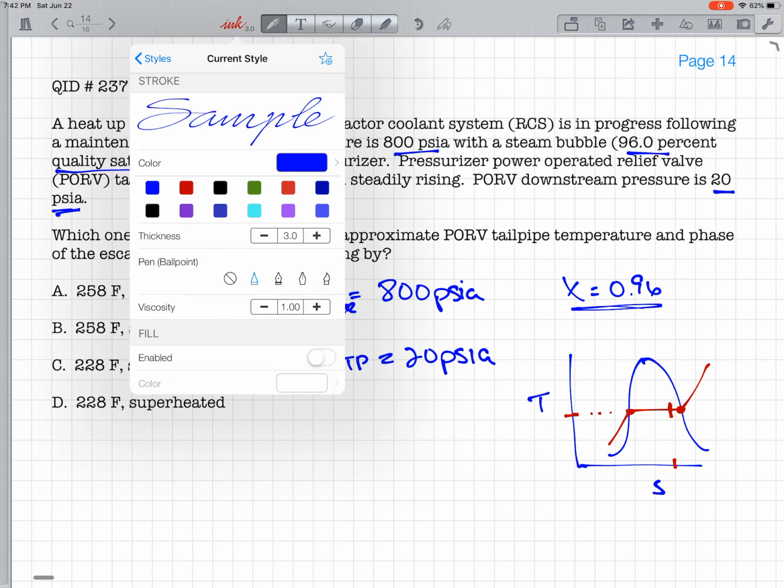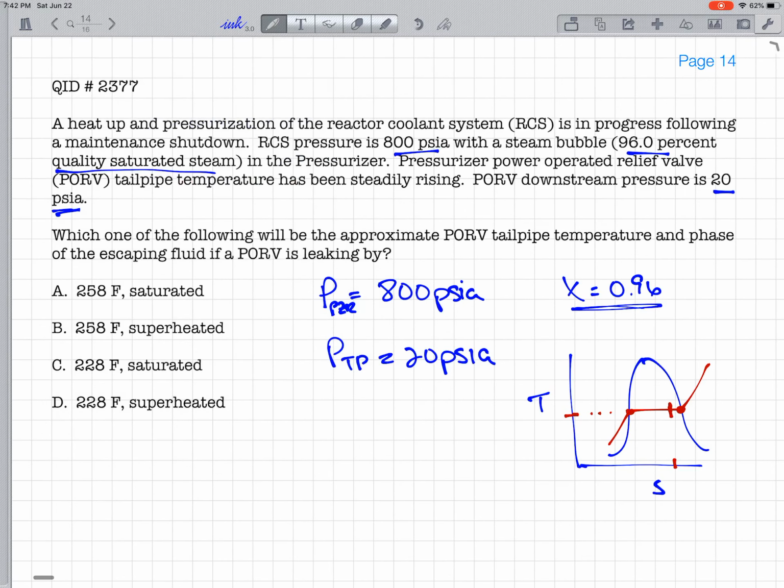So I tell you what, since we're doing these problems, we'll do it both ways. So we'll do method 1. So assume they don't know what they're talking about, and quality is equal to 1, or 100% quality.